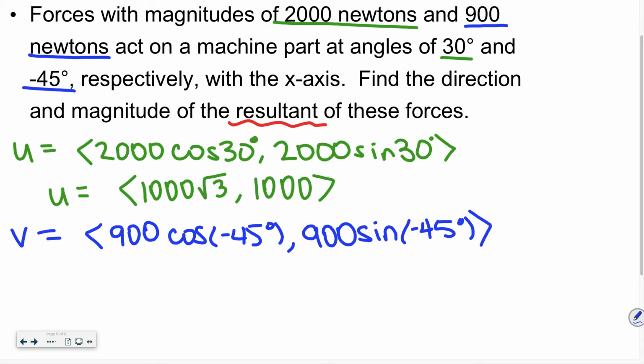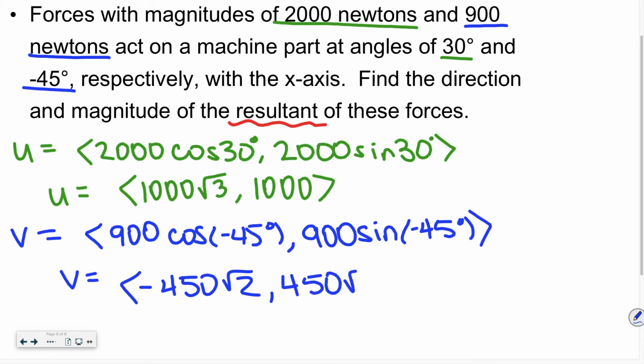Okay, so vector V, we know that cosine and sine at 45-degree angles are radical 2 over 2. But since we're talking about negative 45, the cosine is going to be negative radical 2 over 2. So we're talking about negative 450 radical 2. And then here, this is going to be a positive 450 radical 2.